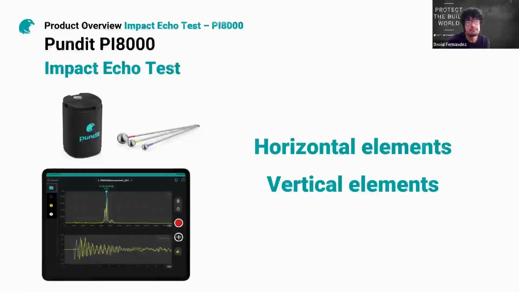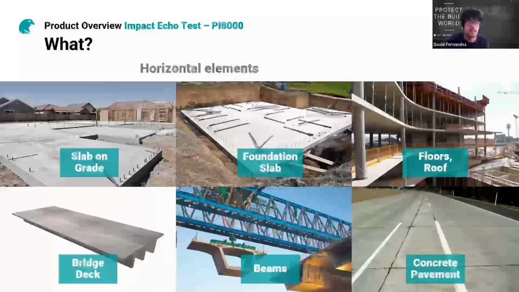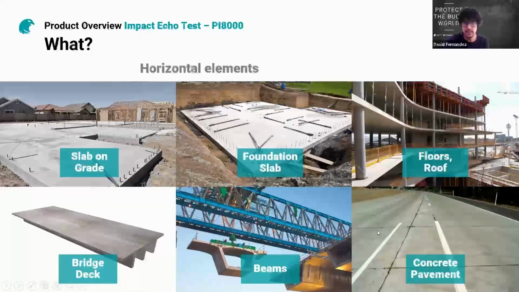So what kind of elements can we test with this technology? Because this is a very wide technology that can be used for many different functionalities. So we have horizontal elements and vertical elements, and you can also test any kind of curved elements. For the horizontal elements, I have some examples here, but you may find some others in your daily work.